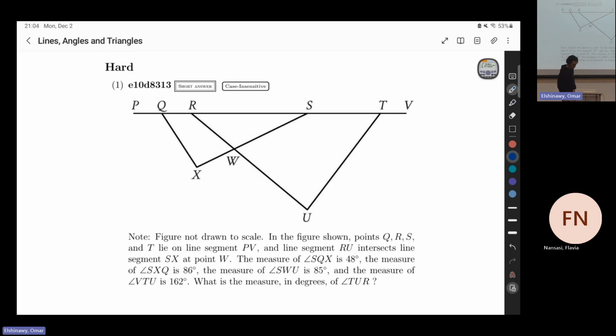So the minute is going to be passed. The first thing I'll do is identify what I would like to find. That is the angle TUR.